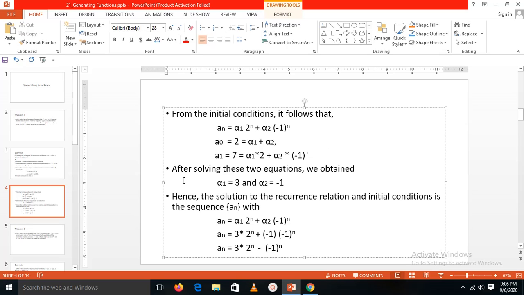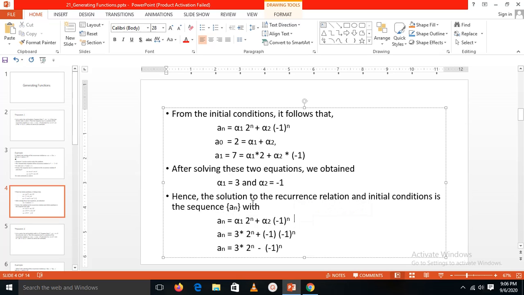After solving these two equations, A0 and A1, we obtain alpha 1 is equal to 3 and alpha 2 is equal to minus 1. Hence, we can say that the solution to the recurrence relation and the initial conditions is the sequence an with an equal to alpha 1 times 2 raised to n plus alpha 2 times minus 1 raised to n.